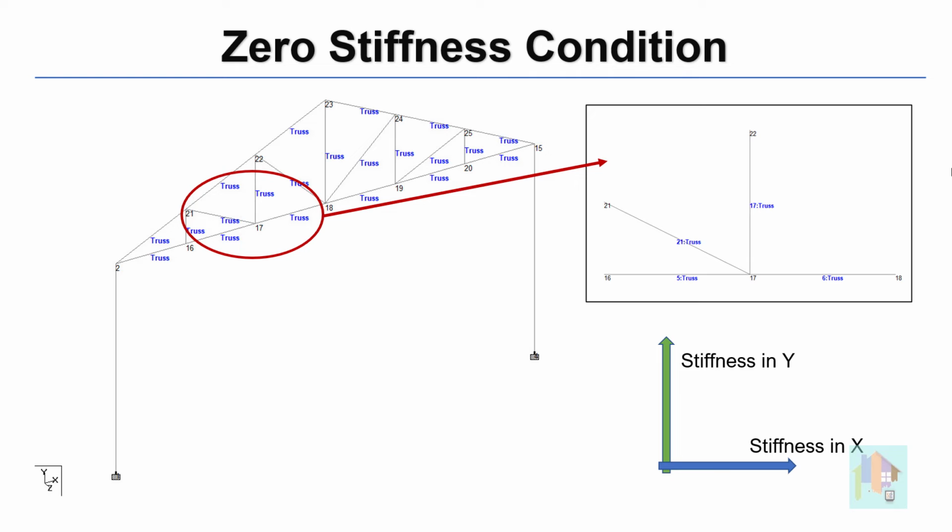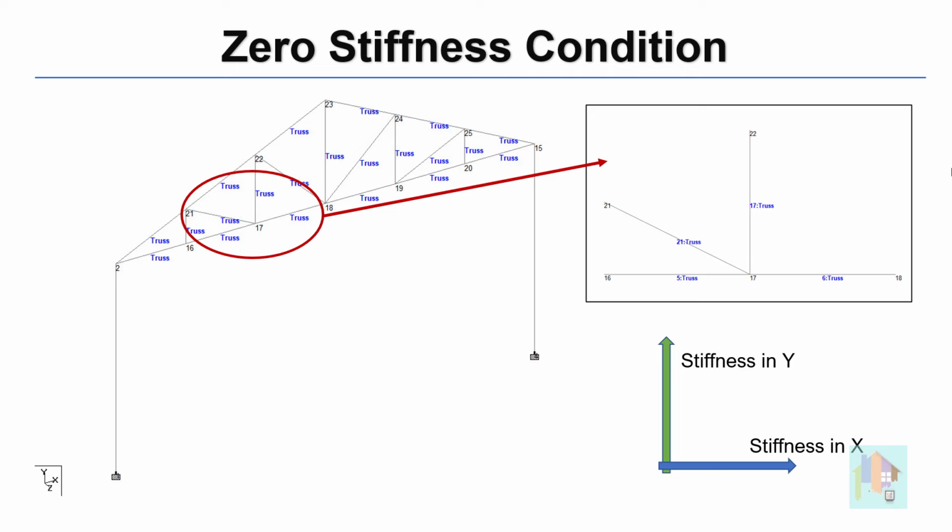As all the members connected to this node are truss members which can't carry any shear, torsion or bending, there is no stiffness in the z direction and also no rotational stiffness about any axis. That's why the warning messages are reported in the output, as in these 4 directions there is no stiffness.